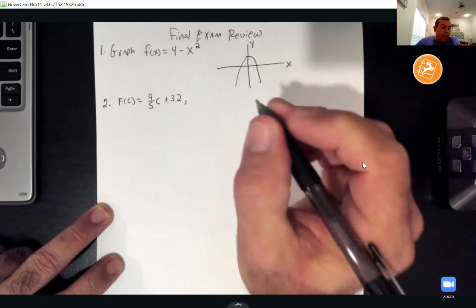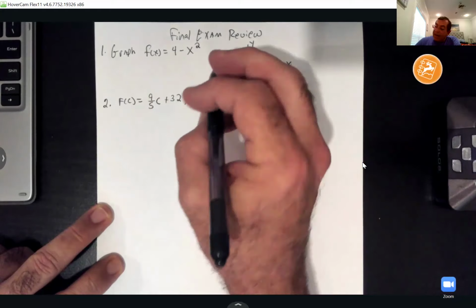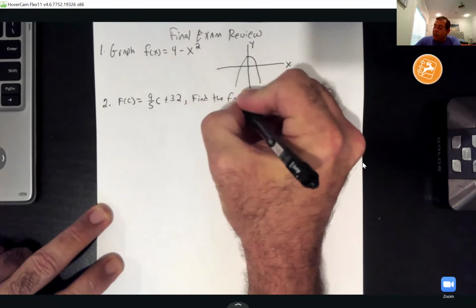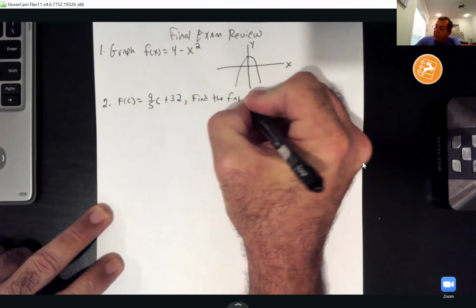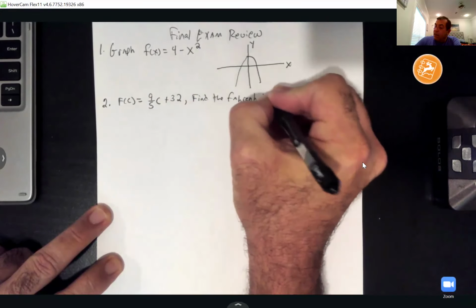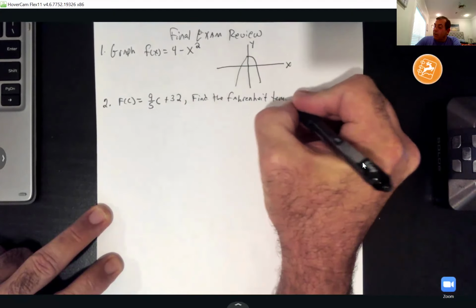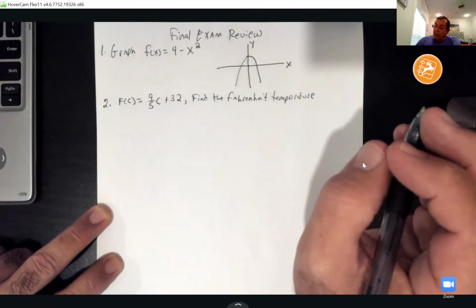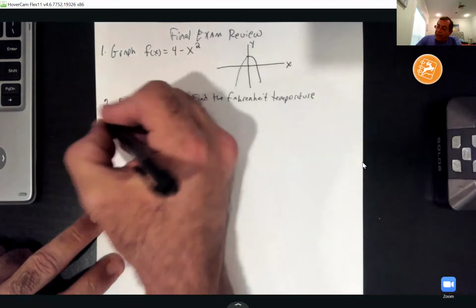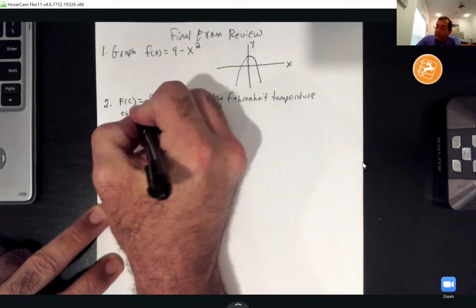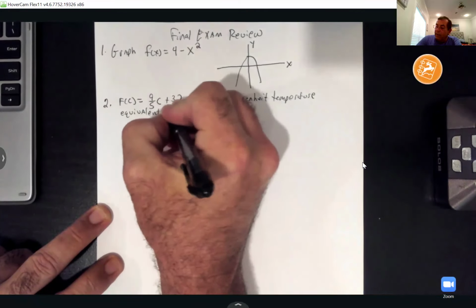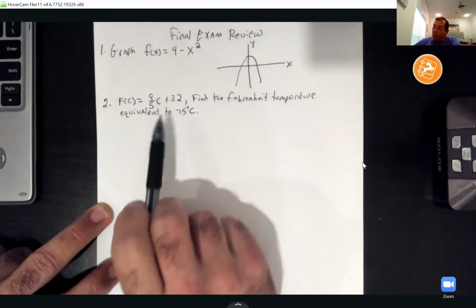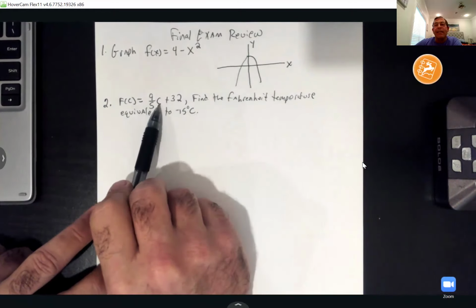So they want to know, find the Fahrenheit temperature equivalent to negative 15 C. And all we're going to do is put that negative 15 in for that C and see what we get.